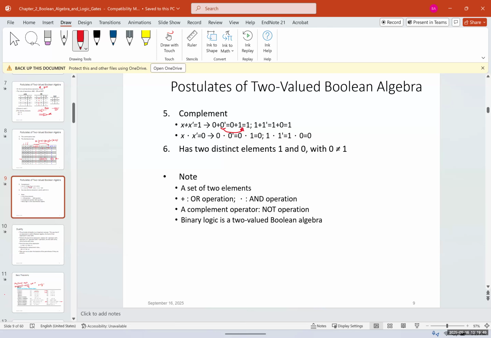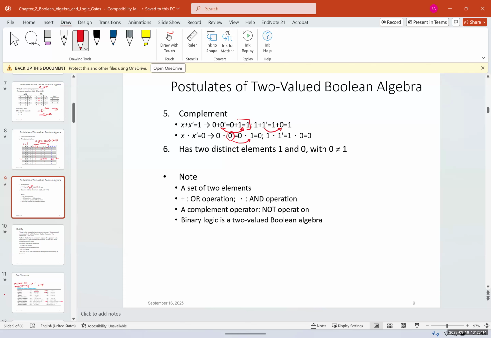So 0 plus 1 always gives us 1. Or 1 plus 1 prime, and 1 prime is going to be equal to 0. So 1 plus 0 is 1. And when we multiply them, we always get 0. So for example, if x is 0, x prime would be equal to 1. So 0 times 1 gives us 0.